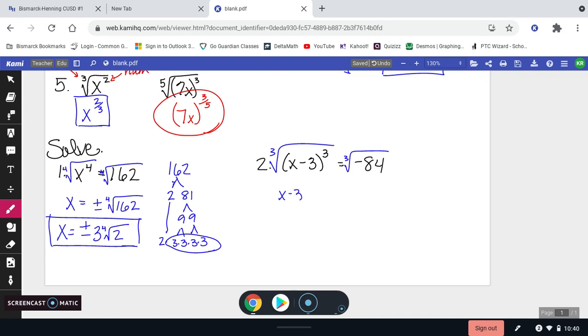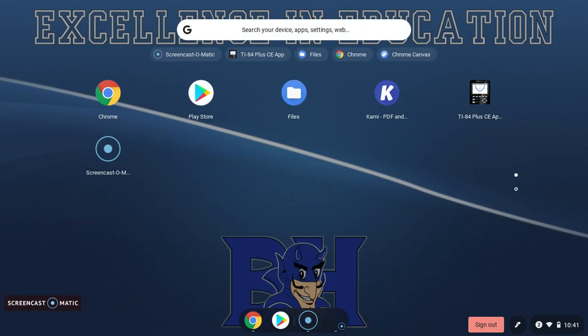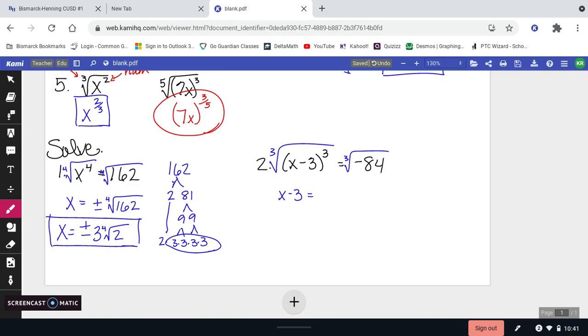I get x minus 3 equals the cube root of a negative. Since it's a negative and an odd root, I can pull that -1 out. So this is going to be negative cube root of 84. Then I can add 3 to both sides. So x equals 3 minus the cube root of 84.